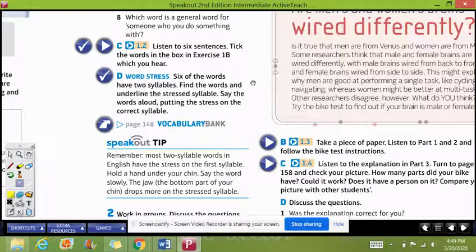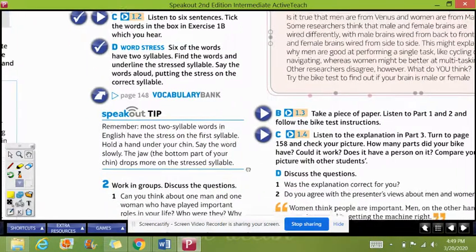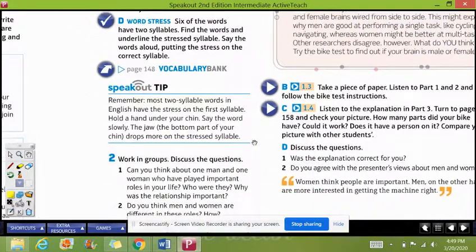In Spanish, it's called el golpe de voz de las palabras. How do we do that? I want you to pay extra attention to the Speakout tip that you have right here. It says, remember, most 2-syllable words in English have the stress on the first syllable.